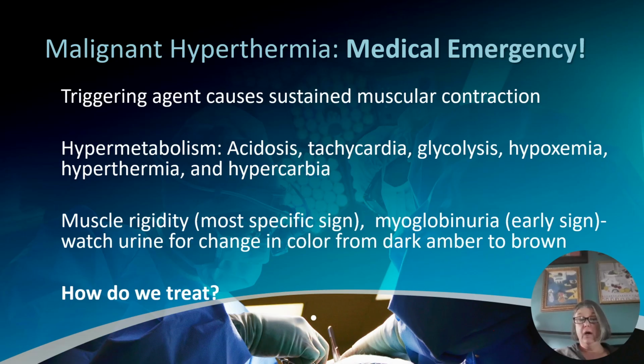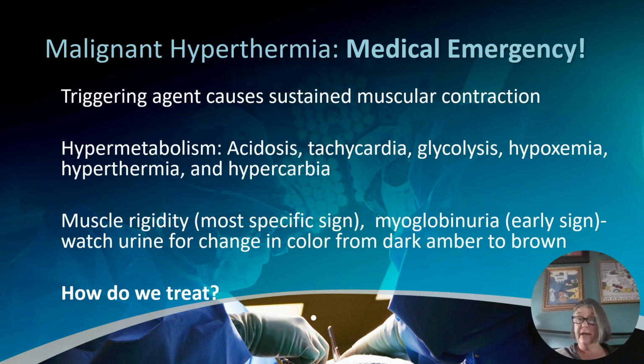Reaction usually begins to occur soon after exposure, but has been known to be delayed until the patient is in the recovery area. What that's saying is usually this reaction will take place as soon as we start to administer the volatile gas.